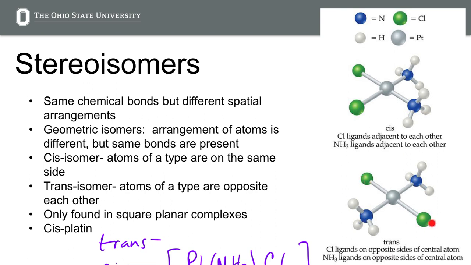And now we have the chlorines across from each other, and the ammonia across from each other, transplatin. This is not a chemotherapeutic agent. Does not work. Okay? So just this simple rearrangement of atoms this way, spatial rearrangement, can make a therapeutic work or not work.